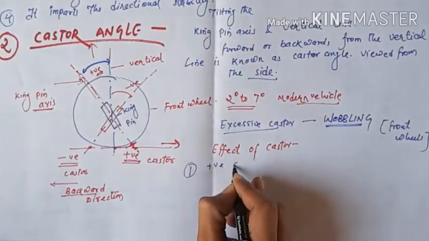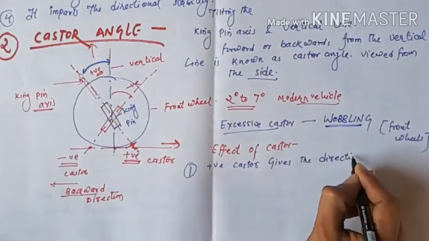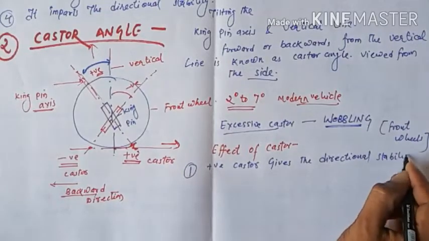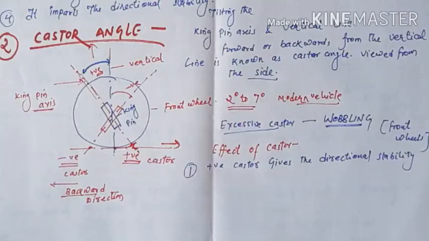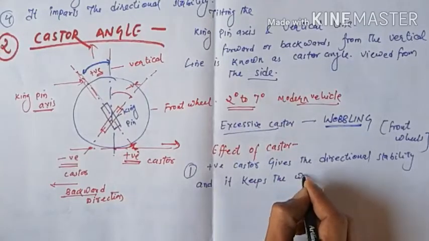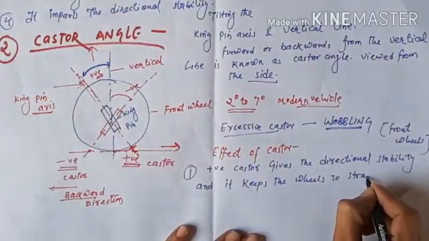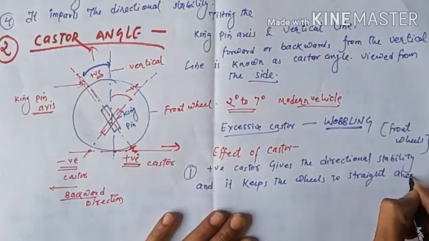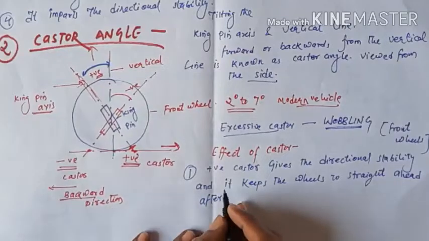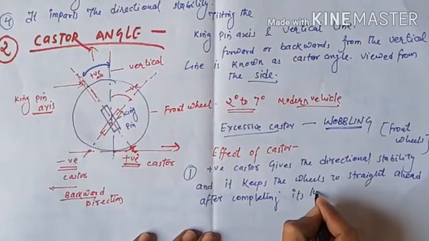Remember, positive caster gives directional stability, and it keeps the wheel straight ahead after completing its turns.